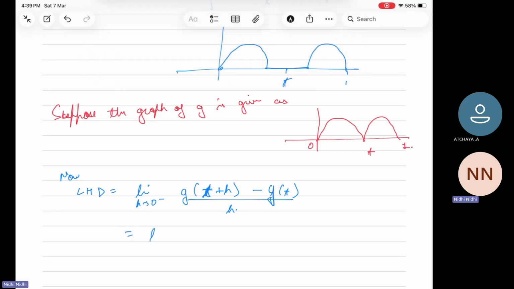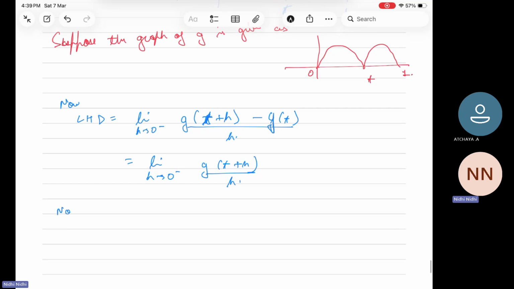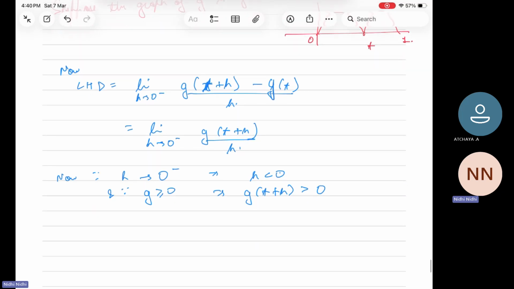Now this is equal to limit h tending to 0 minus g(t+h) upon h. Since h is approaching 0 from the left hand side, we are taking h to be negative. And since g is always positive, g(t+h) is positive. In fact, it is strictly positive in our case. Equal to 0 case we'll consider later. So that means the left hand derivative is strictly negative.